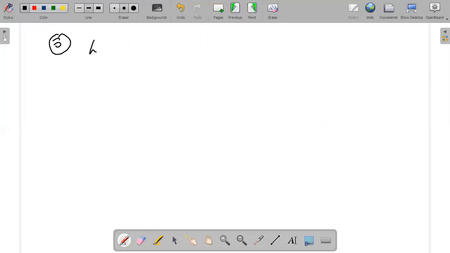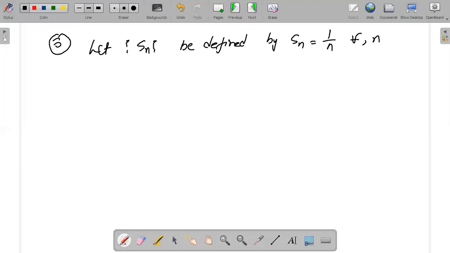Now let's see this is bounded. Let the sequence Sn be defined by Sn is equal to 1 by n, for all n belongs to Z plus.